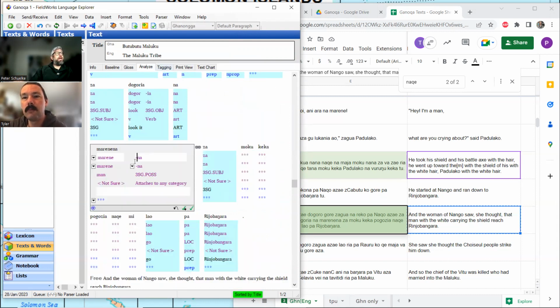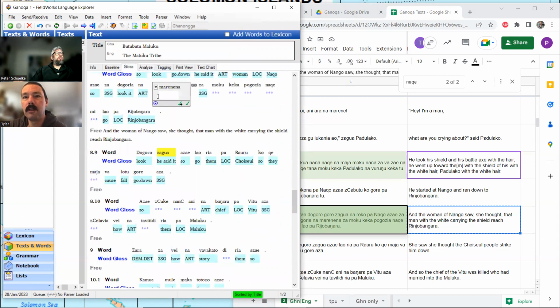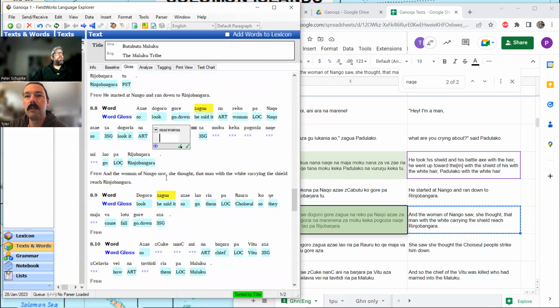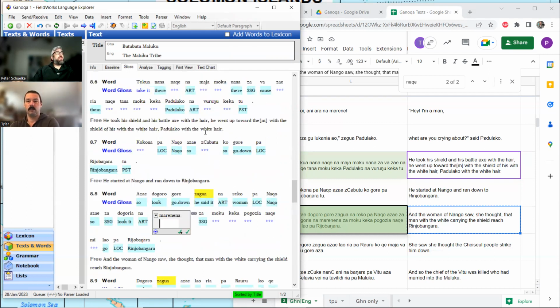All right, let's go back. That man. All right, so she thought that man with the white. So if hair is moku and keka is white, why am I bringing up this difference between tana moku and zam and marenena?